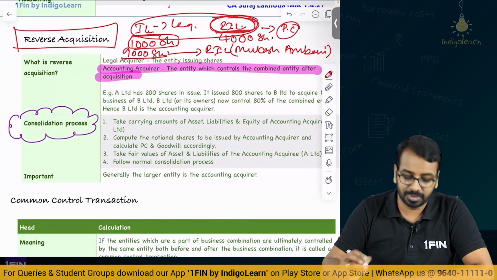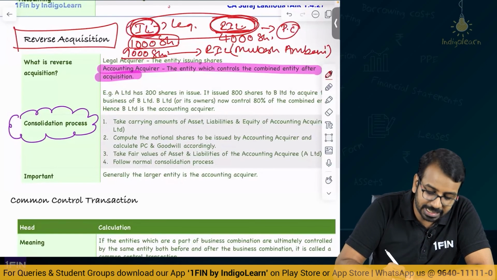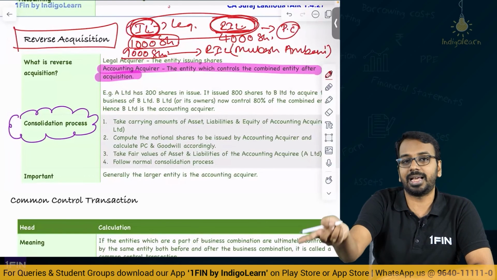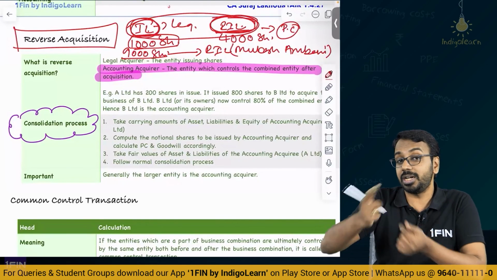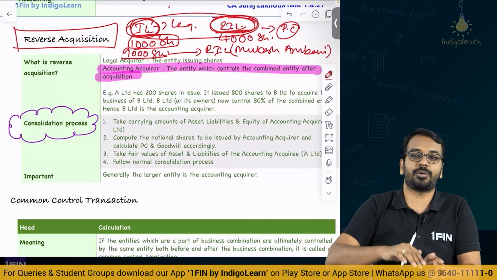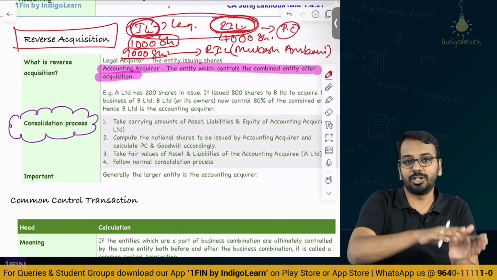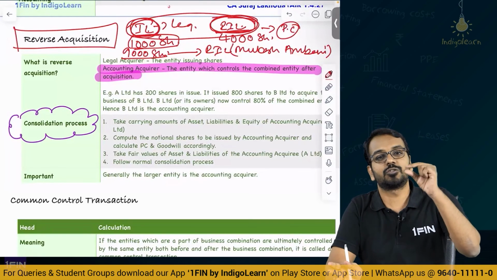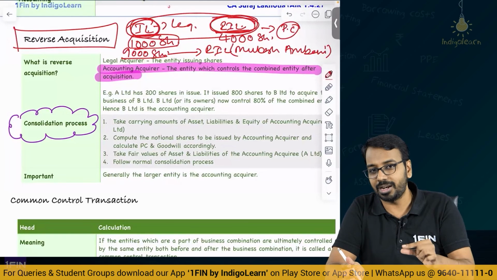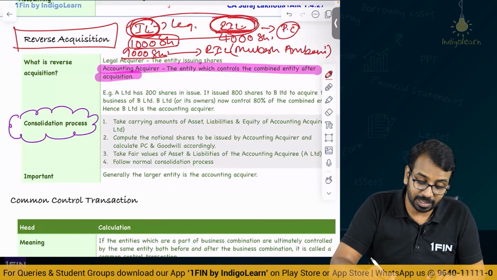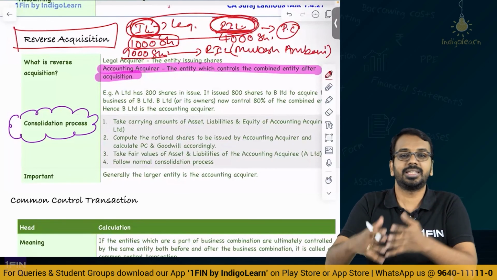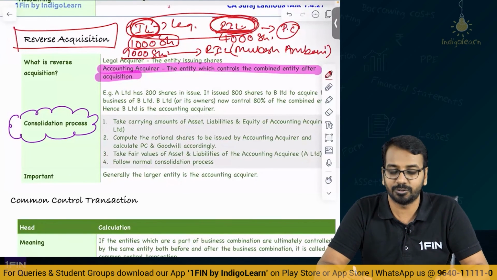Then IndigoLearn's assets and liabilities will be incorporated by Reliance Industries in the consolidated financial statements. Sir, but IndigoLearn is acquiring? Yes, legally IndigoLearn is acquiring, but for accounting purposes, IndigoLearn is selling itself. So the assets, the liabilities, the fair valuation of all of that will be done for IndigoLearn. RIL will continue to show its assets and liabilities at their existing values, right?